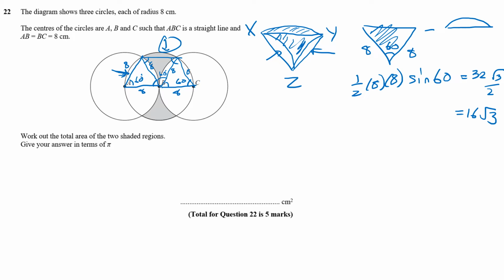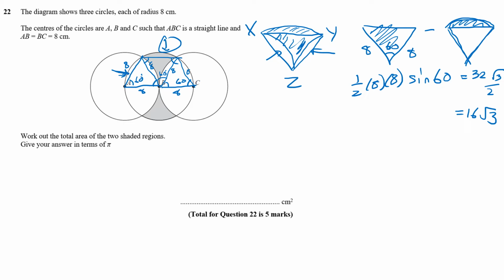The area of the segment of the circle up there, we need to find the area of the sector of the circle first, because if we can find the area of the sector, which is this whole shape here, and then subtract the area of the equilateral triangle, we've got that little bit left.